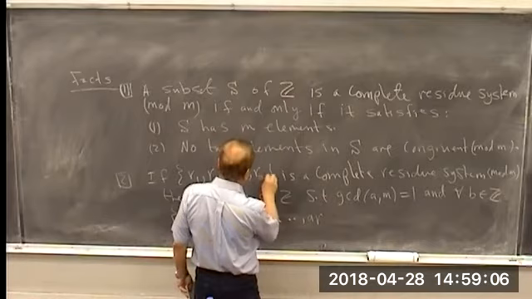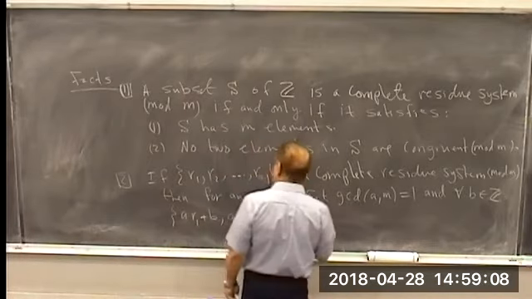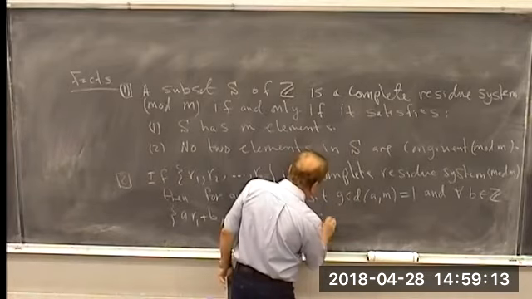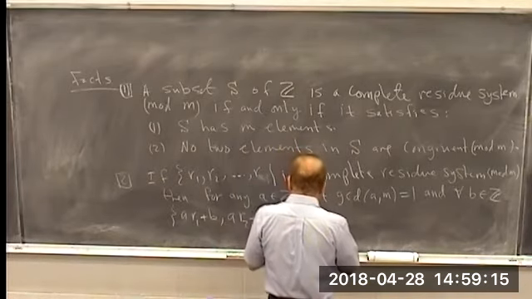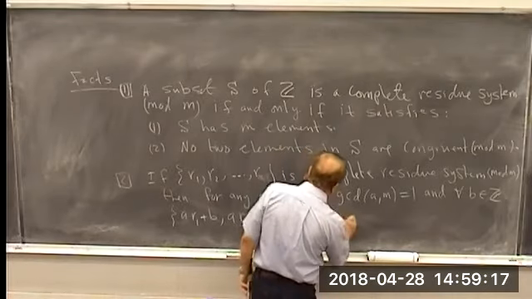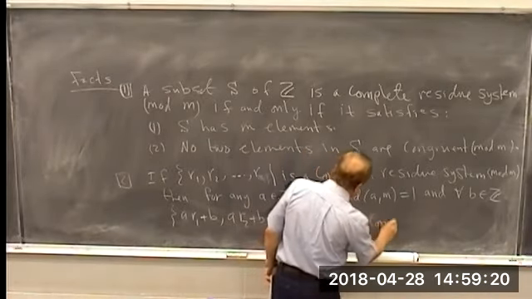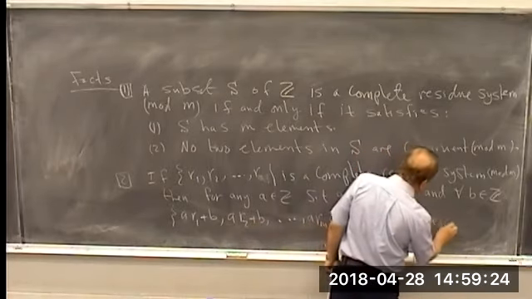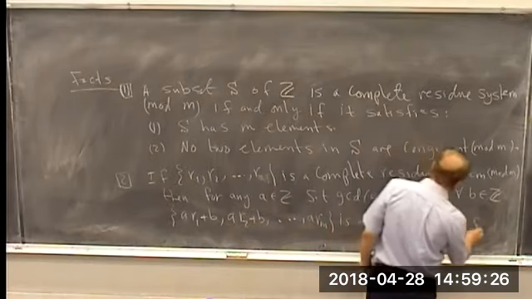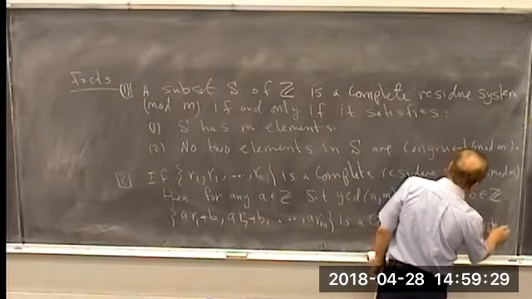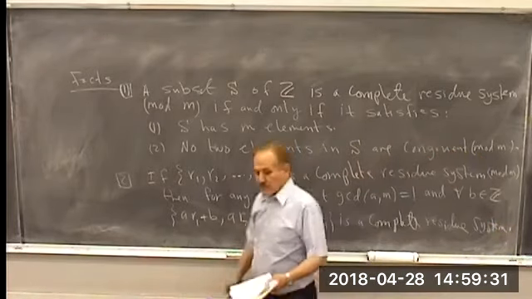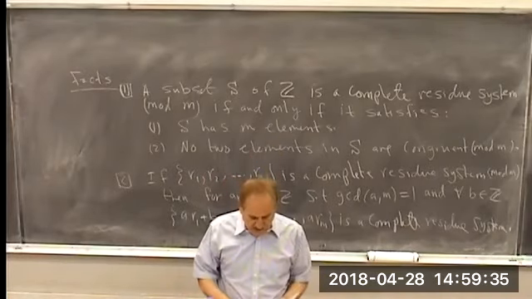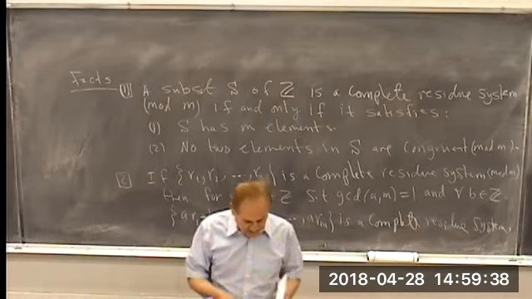Let me say it correctly: there are M of those, so you have to have M. So this is a systematic way that you can actually find complete residue systems.